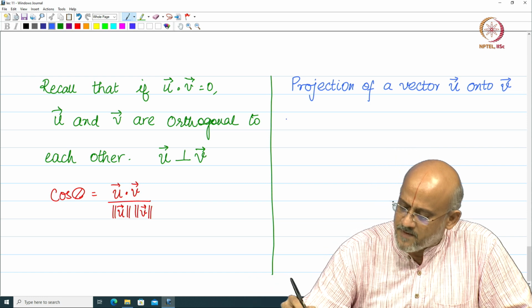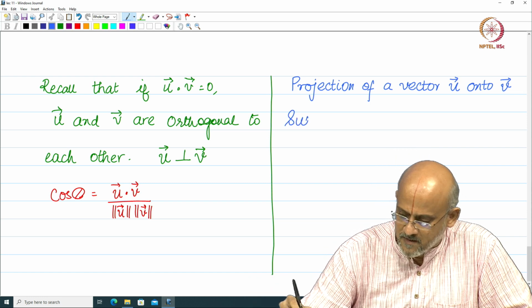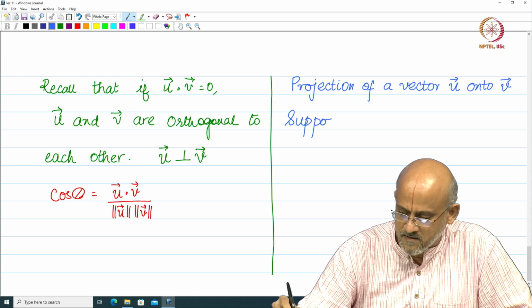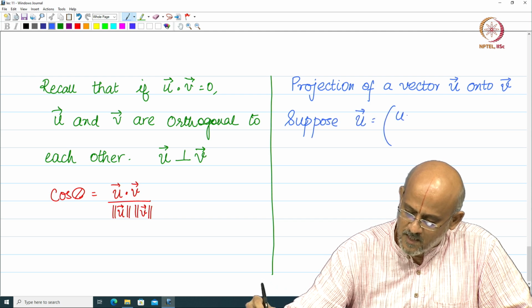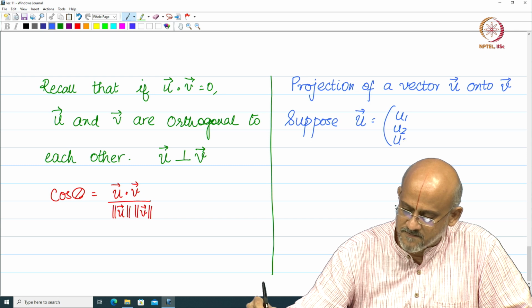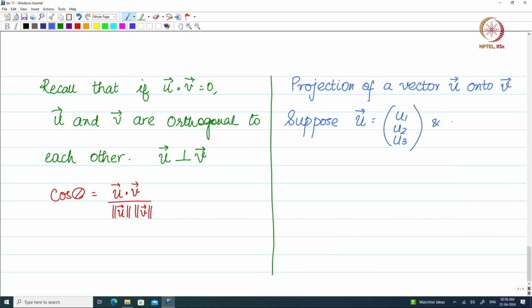Suppose u is a 3 component vector, u equal to u1, u2, u3, and v is another 3 component vector, v1, v2, v3. Let us look at this.